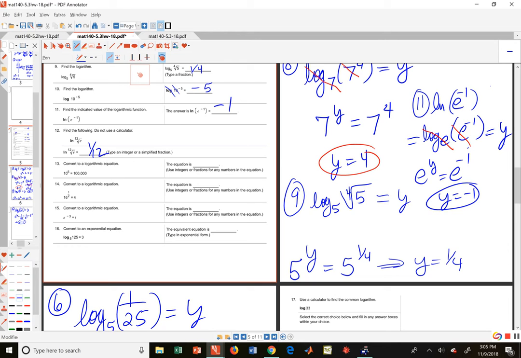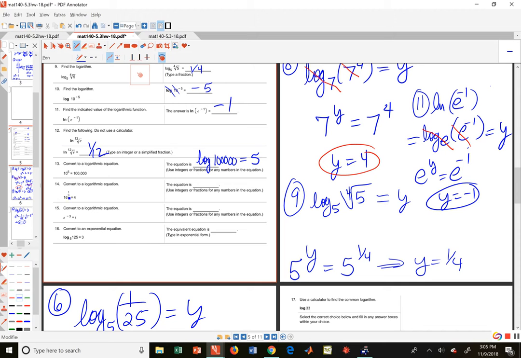So the logarithmic equation, you write it as a logarithm. So you go log of 100,000 must be equal to 5. Remember, the exponent is 5, so the 5 is going to go over here. The log of that thing, the base is the common logarithm, so I'm leaving it out.